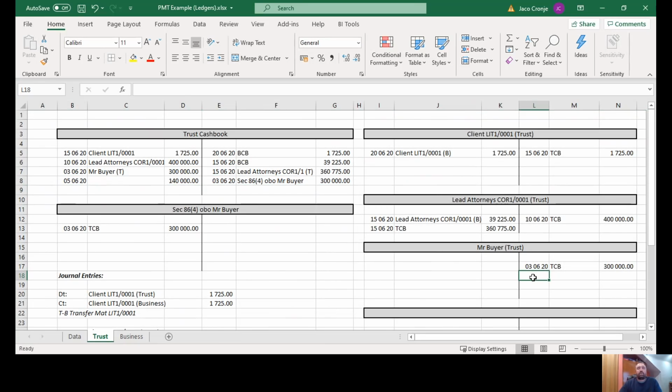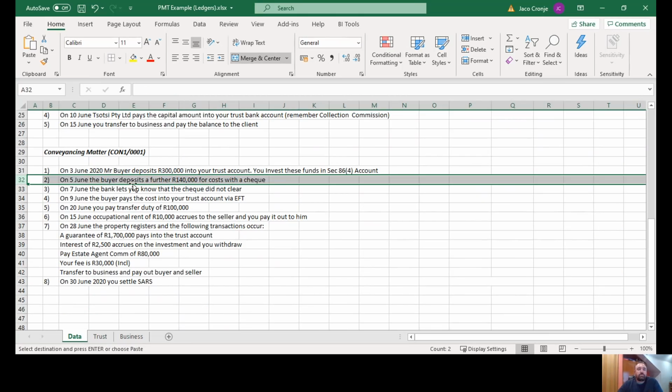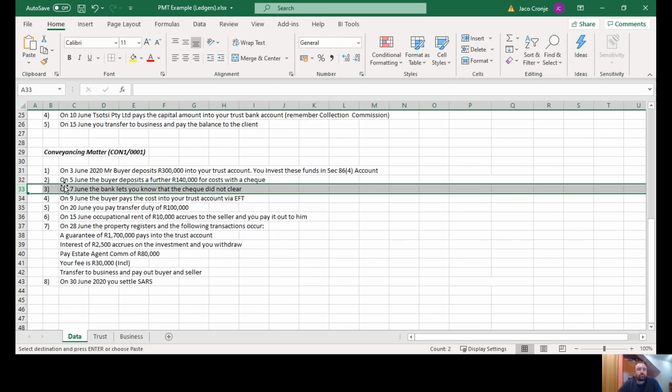So I'm going to credit him from my trust cash book with another 140,000 Rand. And my description there will be exactly the same as that. So I'm just going to copy and paste that, Mr. Buyer's trust ledger. Okay, that's a simple one to do.